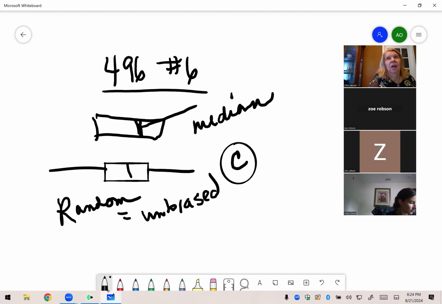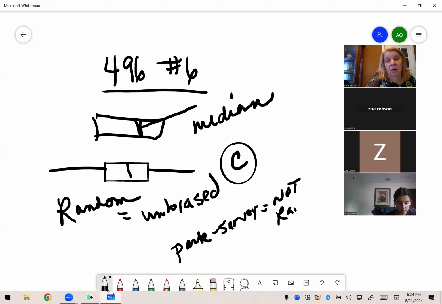If I said we're going to try to figure out how many households have children in the little borough, and I go to the park and survey them, do you see, if I go to the kids' park to survey, that is not going to be random, right? It's going to be skewed.